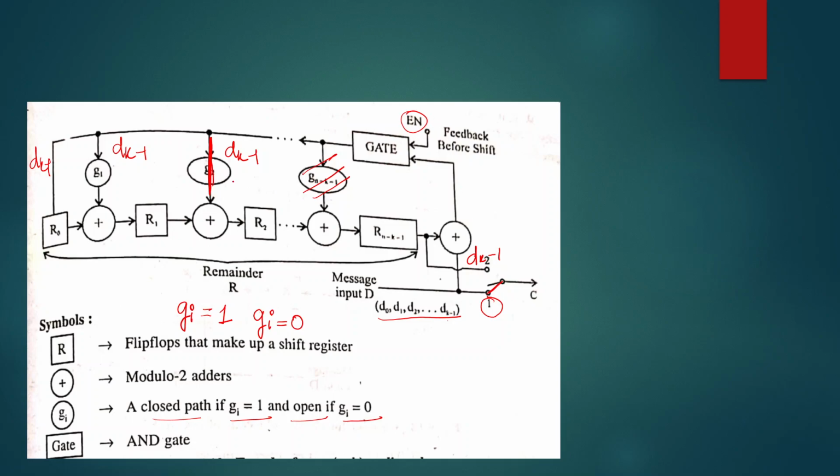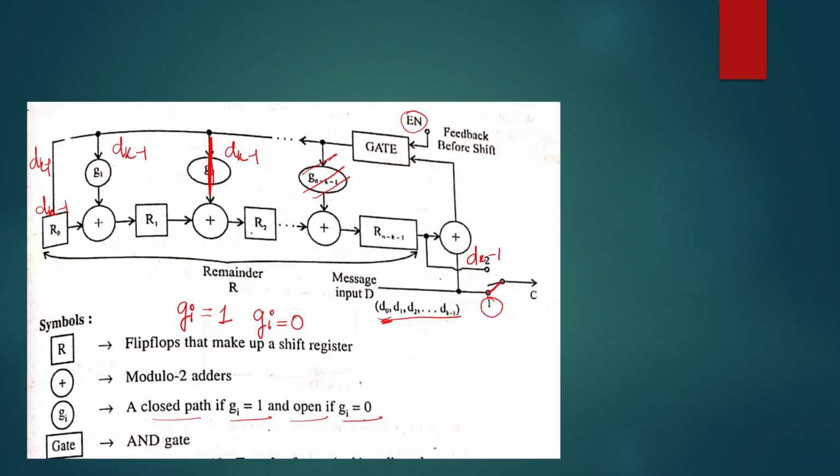Once dk minus 1 is fed, you can see over here, first dk minus 1 is entering here, then it will get modulo 2 added, and then it is sent to the next shift register, so on and so forth. This process will continue until all the data bits are exhausted.